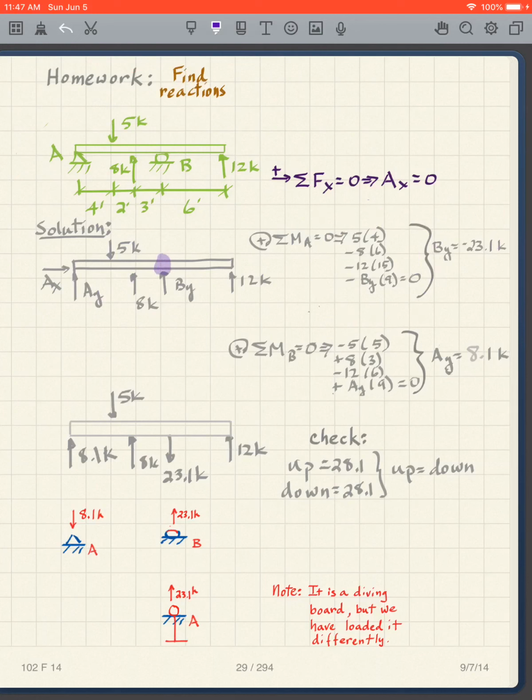Moments about B, AY times 9, 5 times 5, 8 times 3, 12 times 6, and clockwise positive, counterclockwise negative, clockwise positive, counterclockwise negative.